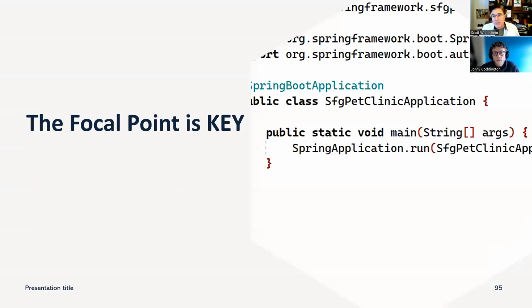But the key is that focal point. That is where you have to know where to start. And that's where some frameworks and dependency injection frameworks or event driven programming techniques split things up and make it hard to find that focal point, and then from there reach out to the related concepts.